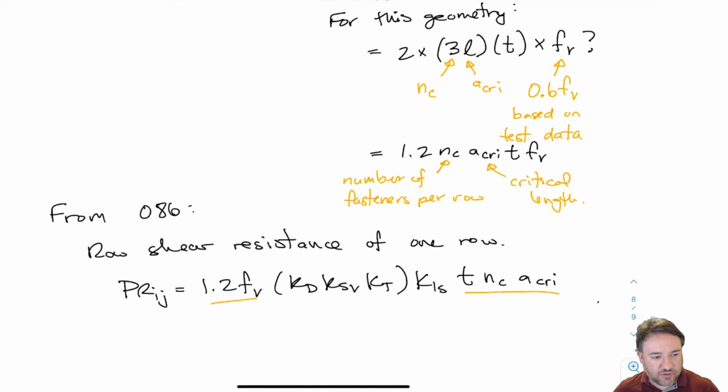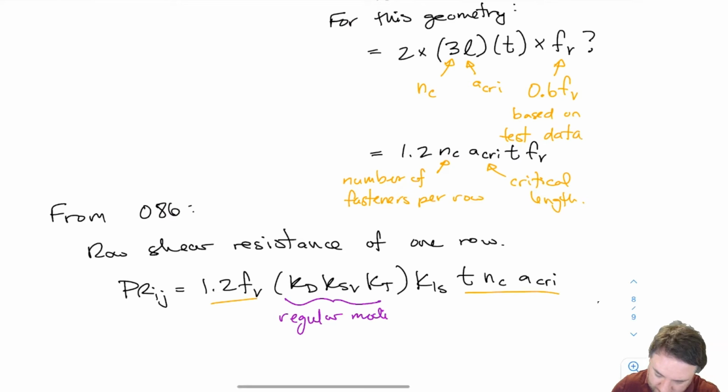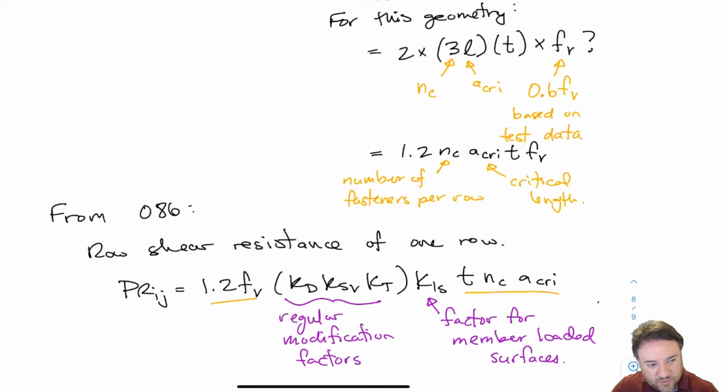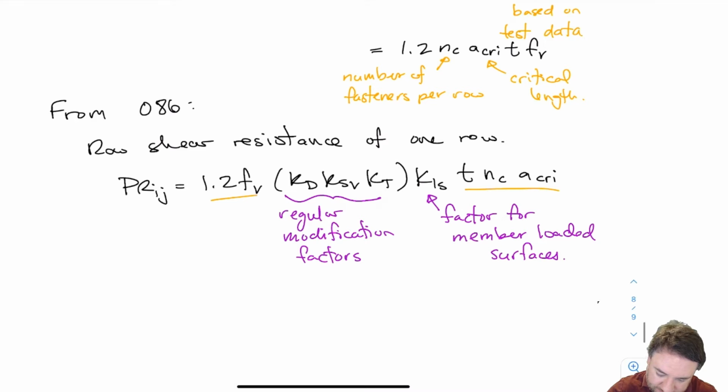So you know how to find those from before. And then we have this extra factor, KLS, which we're going to talk about in a minute. You can't really tell exactly what KLS means from the name: factor for member-loaded surfaces. We're going to look at that in a second.